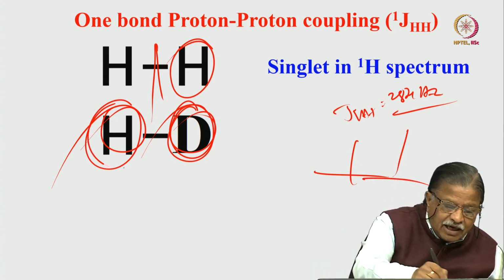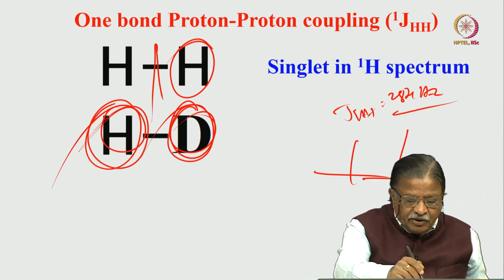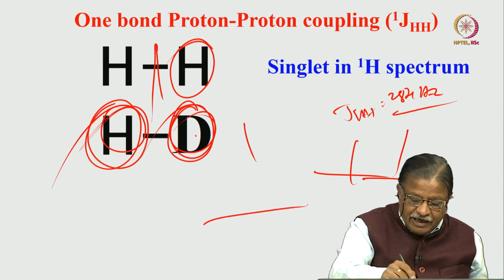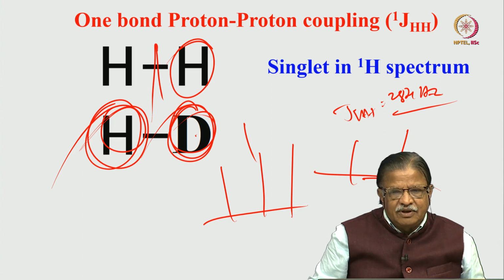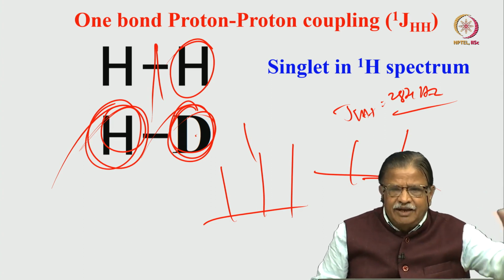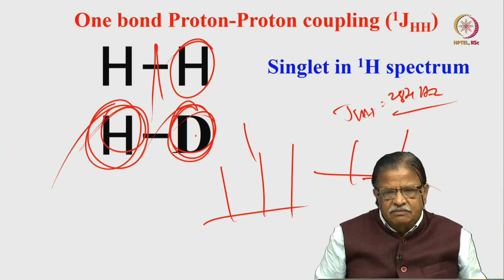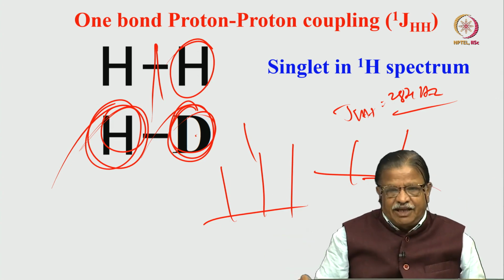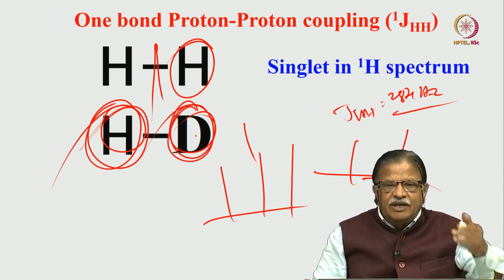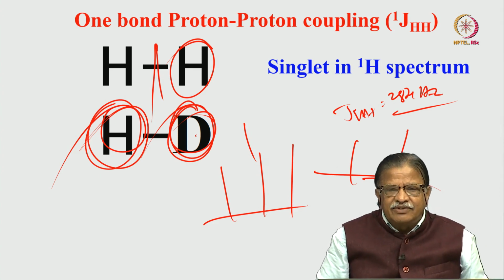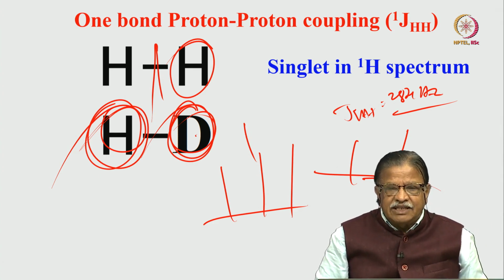If I look at proton, it is coupled to deuterium which is spin 1, so it will be 3 lines of equal intensity. I told you NH4 as an example, nitrogen 14 spin is 1, it gives 3 lines of equal intensity. Similarly, here because of HD coupling, the proton is going to give 3 lines of equal intensity.